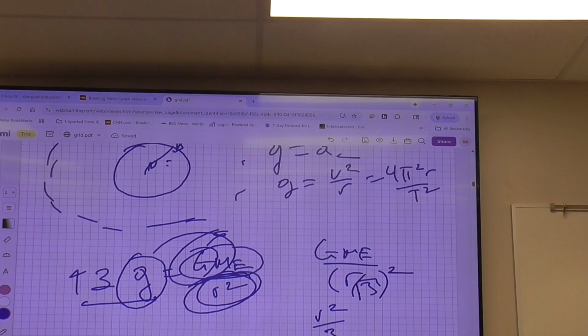And if push comes to shove, if you are hurting for time, if you do nothing else, work number 16, that last problem on the satellite problems, okay? Because I promise you, there's going to be one like that.